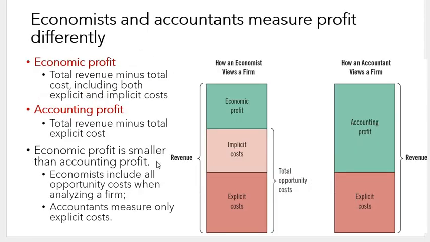So now that we define the costs in different ways, we would have different measures of profit. We define the accounting profit as simply the difference between total revenue and explicit cost, the outflow of money that we paid to purchase inputs.